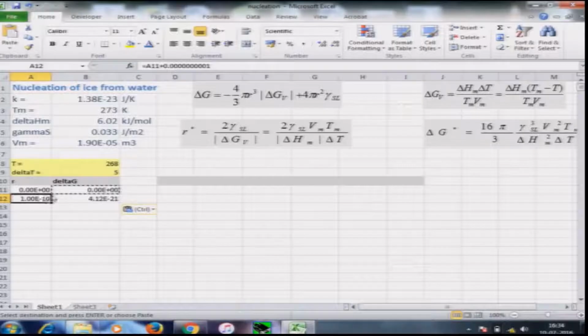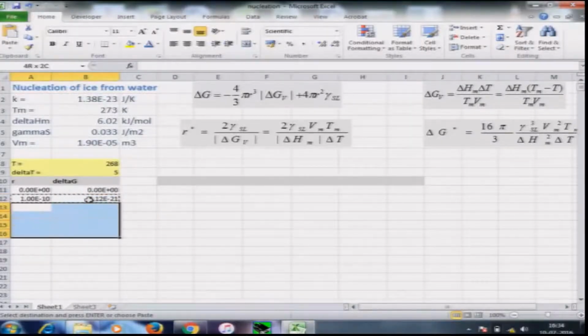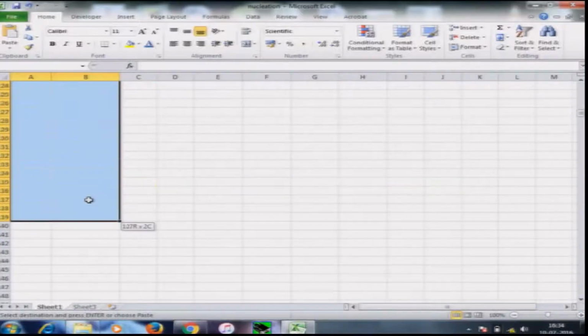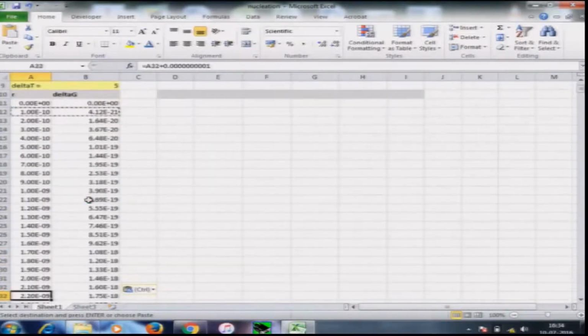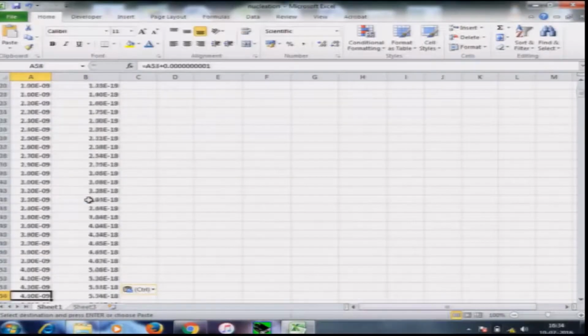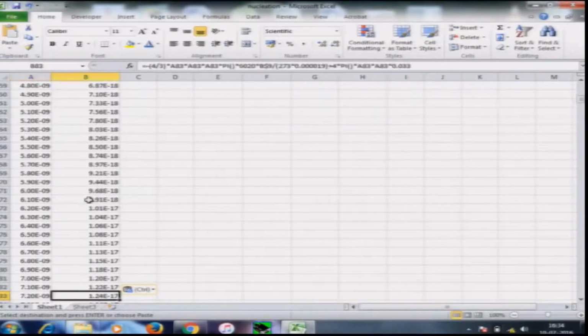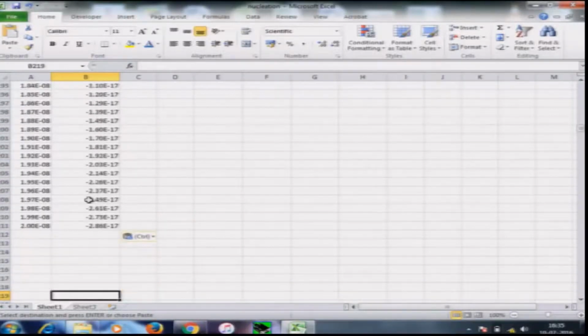At this point, I can just take this and copy this. So, now as you will see, my size of the nucleus is increasing, and as the size is increasing, you will notice that delta G is increasing, and at some point of time it has become negative.